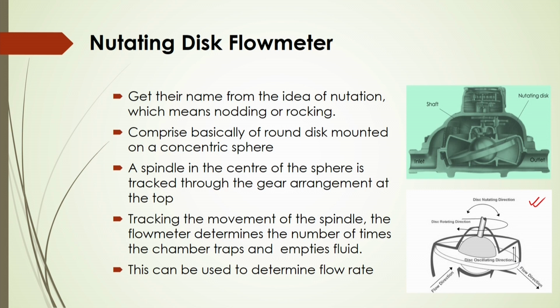In this case the name is actually obtained from the idea of nutation, which means nodding or rocking, and it generally comprises a round disc which is mounted on a concentric sphere as shown in the figure here, and also a spindle in the center of the sphere is tracked through the gear arrangement at the top, to track the movement of the spindle.